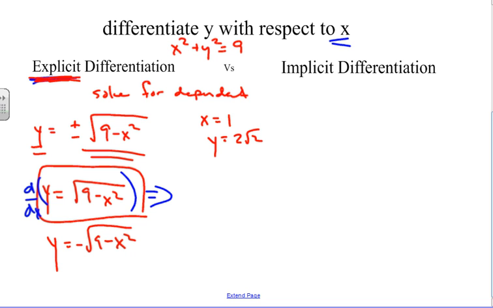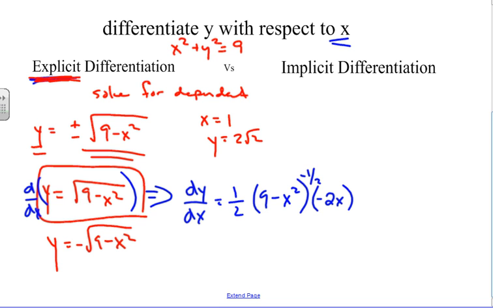So we would have the derivative of y with respect to x, dy dx. We're going to use the chain rule. This would actually be 1/2 times 9 minus x squared to the negative 1/2 power, times the derivative of the inside, which would give us negative 2x.